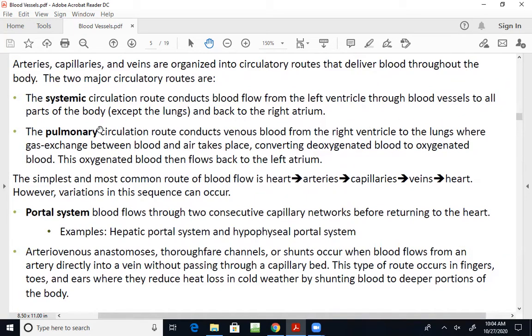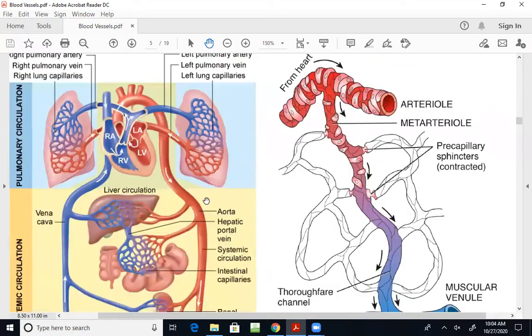We talked about both of these in our previous lecture. We learned that our systemic circulatory route, shown here in yellow, involves the left ventricle pumping oxygenated blood out into the aorta, which then distributes oxygenated blood out to our different organs. In the capillaries, we have exchange taking place. Oxygen leaves the blood, CO2 enters the blood, and that deoxygenated blood then returns back to the right atrium.